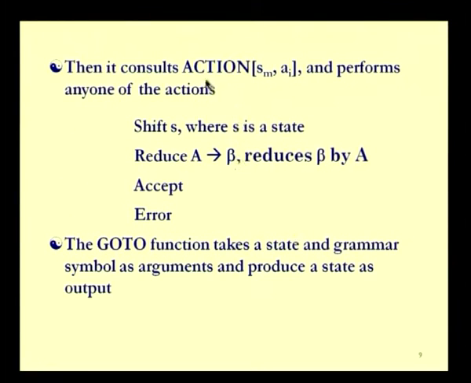It is going to consult the action of Sm comma ai, where Sm is the current state on top of the stack and ai is the current input symbol, and there are four possible actions which can be there in the LR parsing table. One is shift, another is reduce, the third one is accept, and the last one is error.